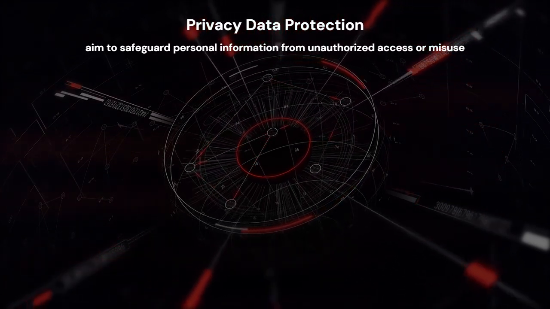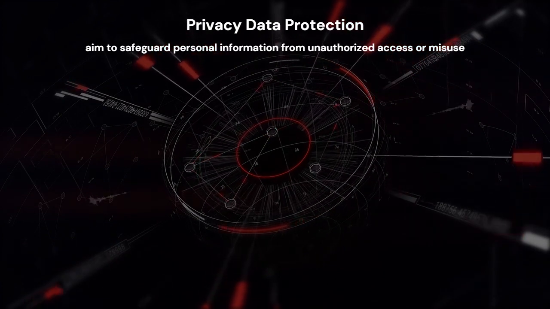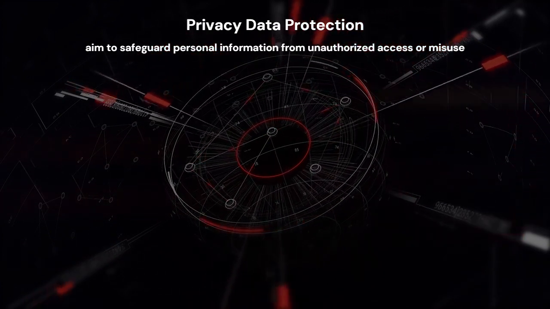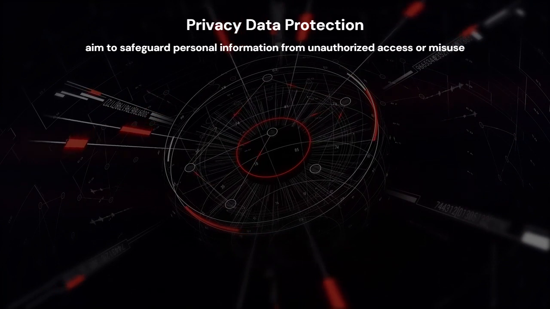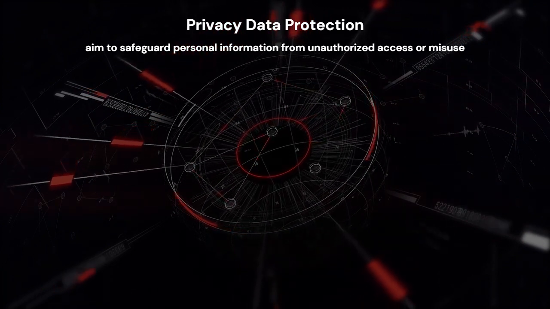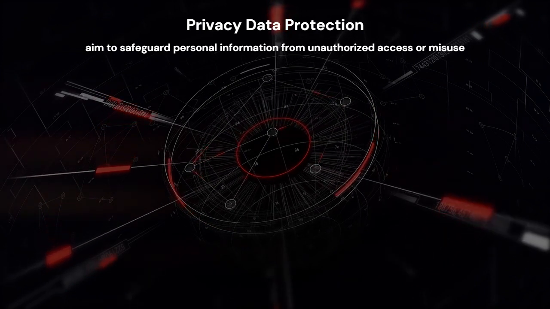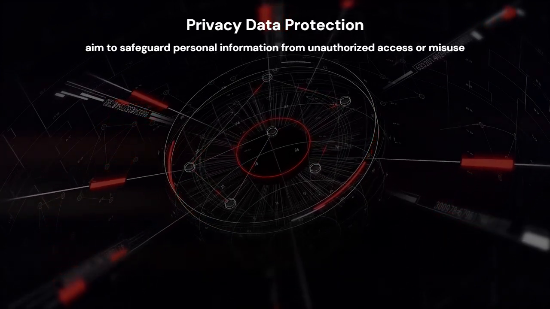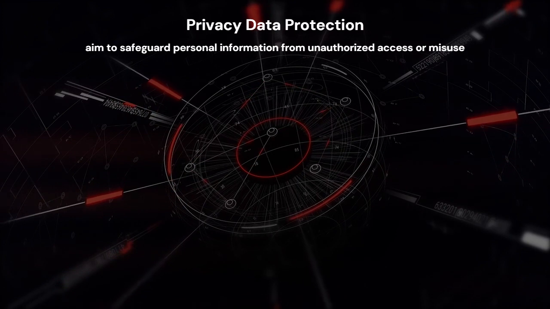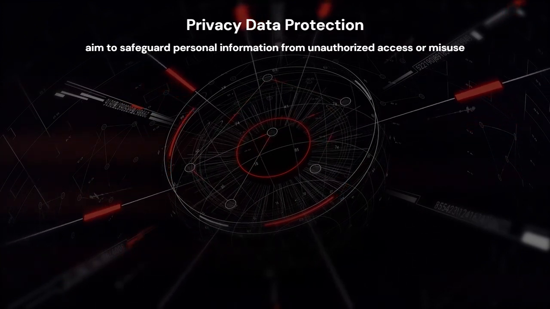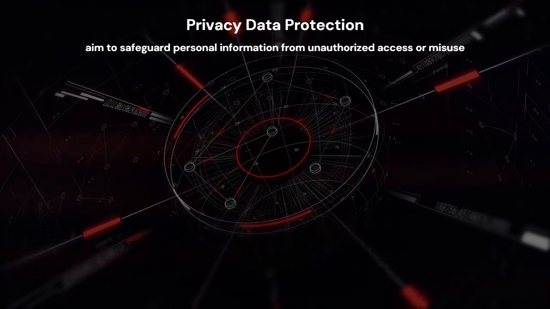However, the United States is perceived to have weaker privacy laws compared to other countries, particularly the European Union, EU, and its General Data Protection Regulation, GDPR, which enforces strict privacy regulations on the transfer of personal information to countries that do not provide equivalent protection.